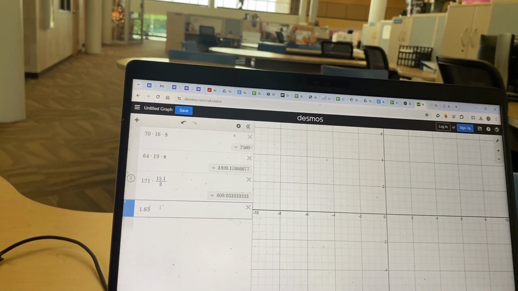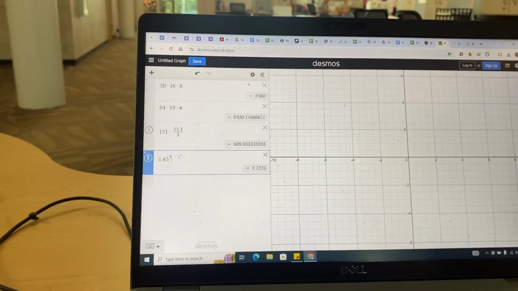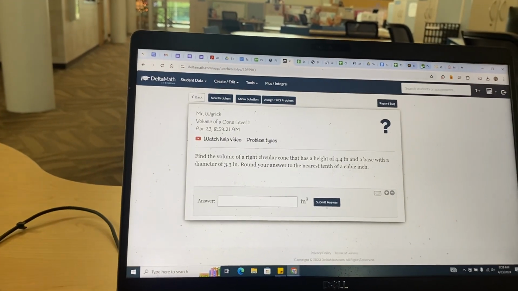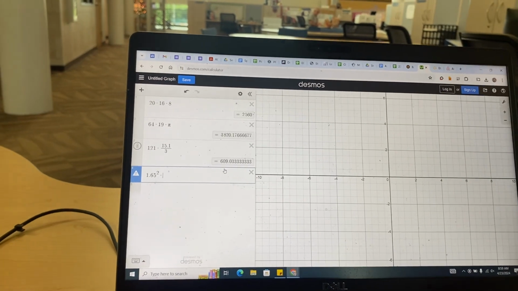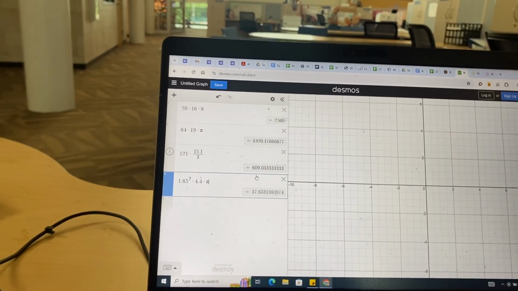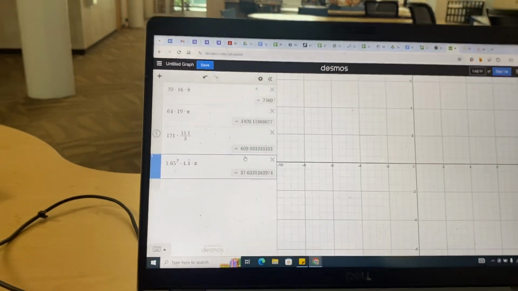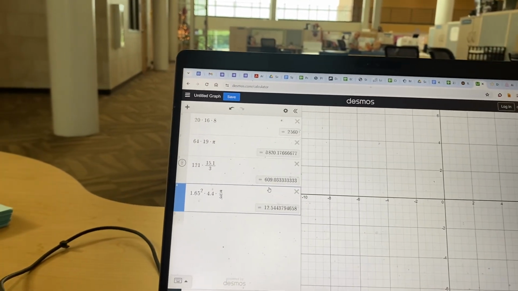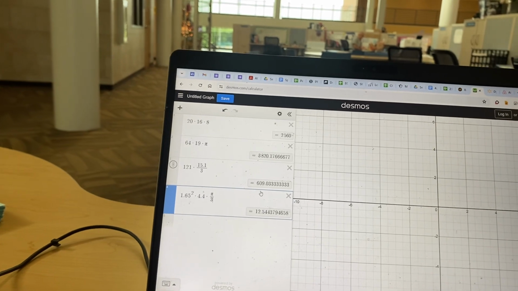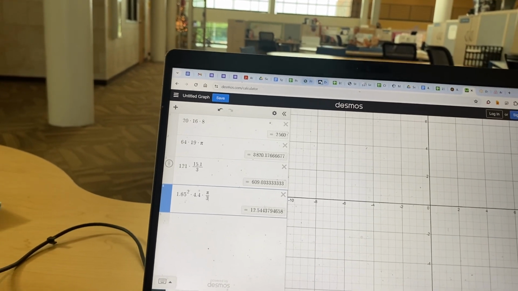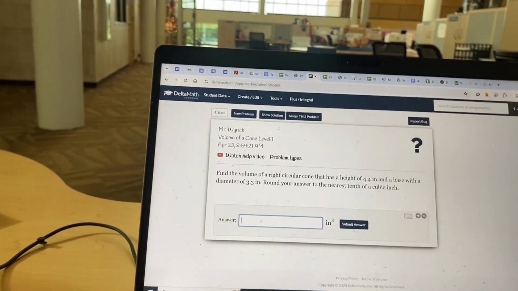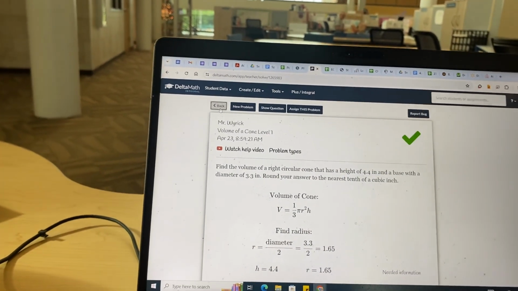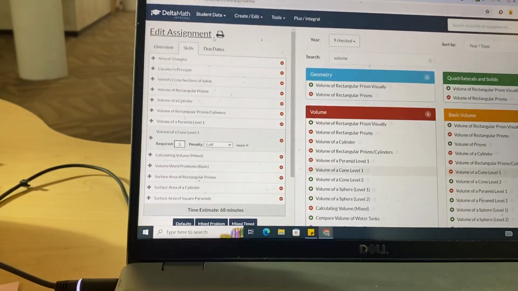So yeah, pi r squared times the height would give me that, and then I need to divide by 3 because this is a cone, so 12.5 should be my answer here. Just do be careful. Make sure you read through the questions. Don't get mixed up on there.